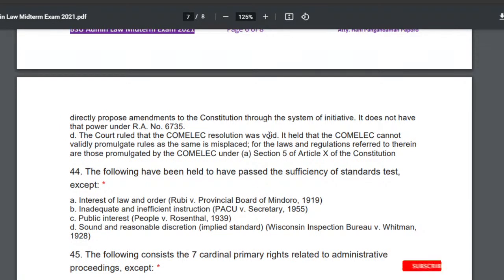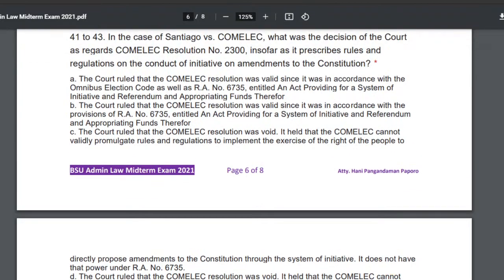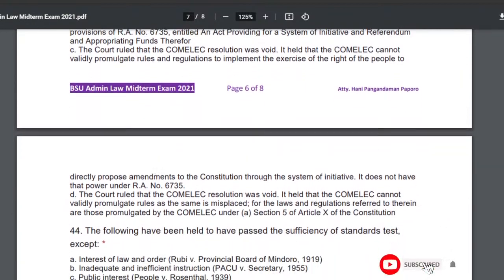It held that COMELEC cannot validly promulgate rules as the same is misplaced, for the laws and regulations referred to therein are those promulgated by COMELEC under Section 5(A) of Section 5 of Article 10 of the Constitution. So which of these choices is the correct answer to number 41 to 43? 44.